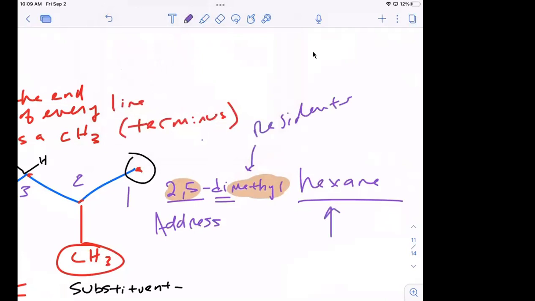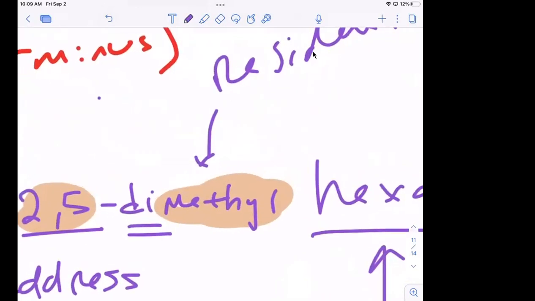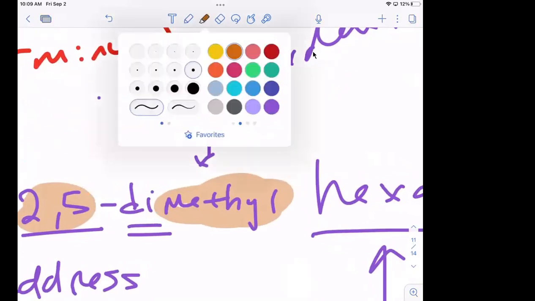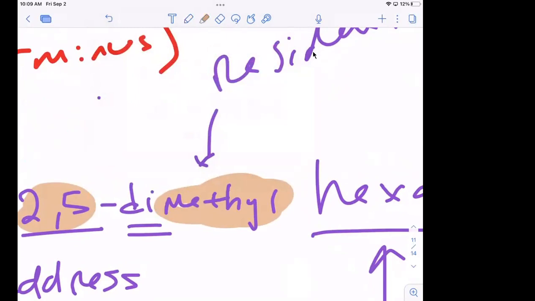It's just an easy way to think about it. And then if the residents are the same, then you have to indicate that. So this will tell you the number of residents if you have identical substituents.